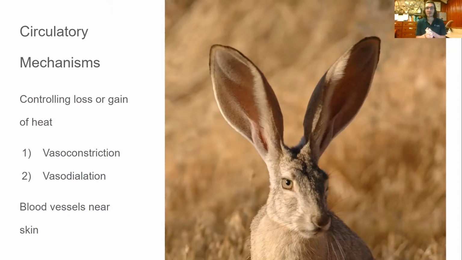To stay cool, or to give off more heat in dry, hot environments, they will dilate their blood vessels into those ears, and a lot of blood will flow into the ears and be lost across those larger surface area ears as a way to give off a lot of heat and try to stay cooler. So it's a really cool example of an animal in an environment that has this adaptation to stay cool.